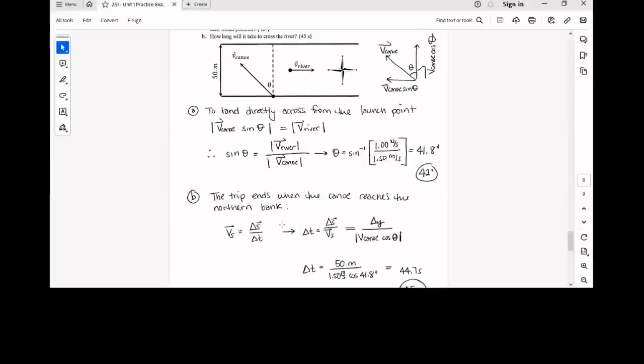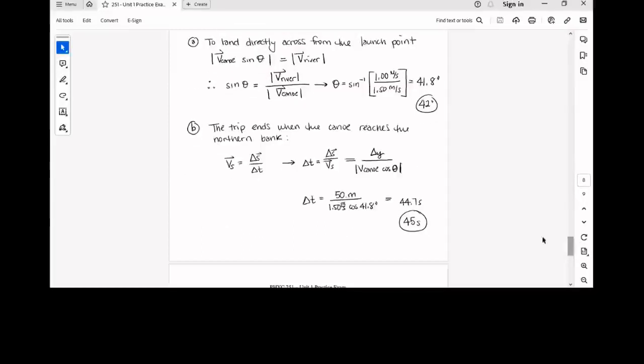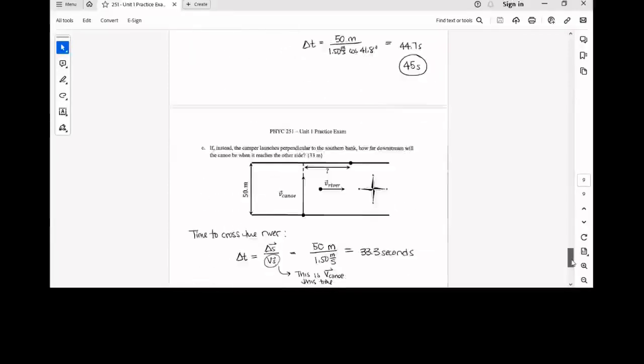And we're plugging that into our velocity equation that we have rearranged to solve for delta t. So the displacement delta s is the 50-meter width of the river, and v canoe cosine theta is the denominator of this statement down here. When we do that, you get 44.7 seconds, which would round to 45 seconds when you apply sig figs.